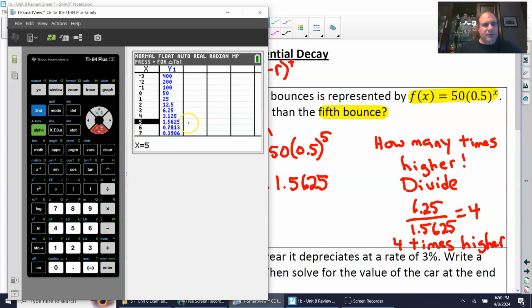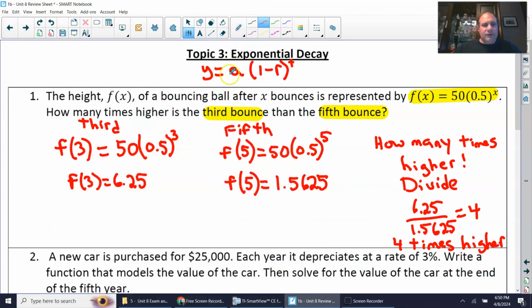The fifth bounce is 1.5625. Then you divide it. You could do it by hand, or you could really just input it into the calculator.